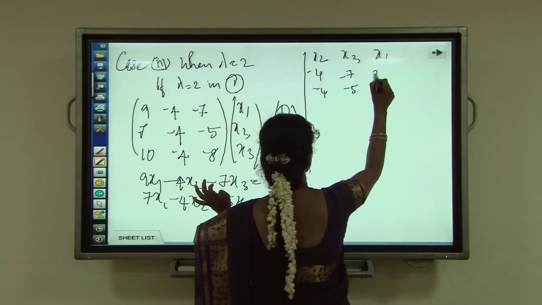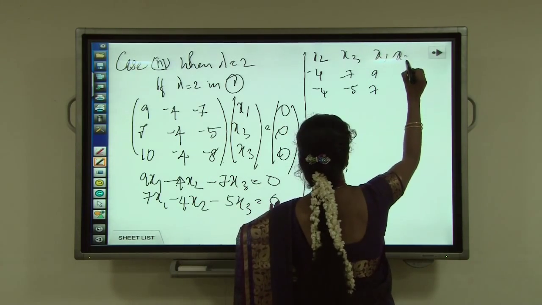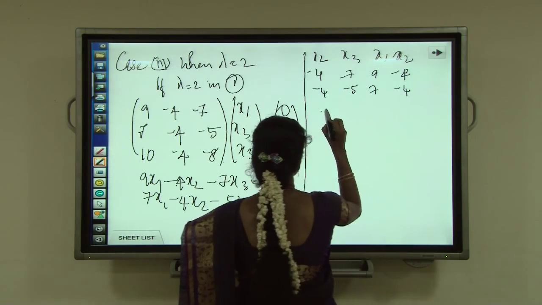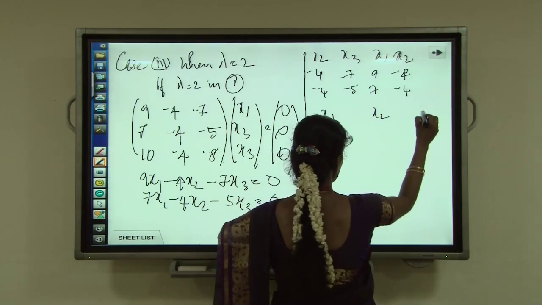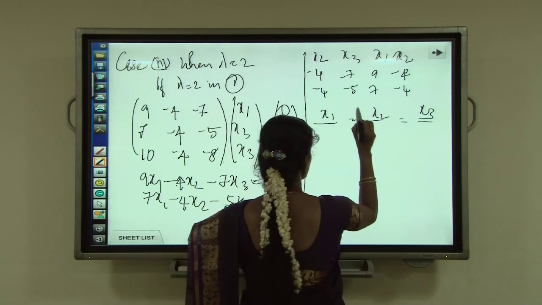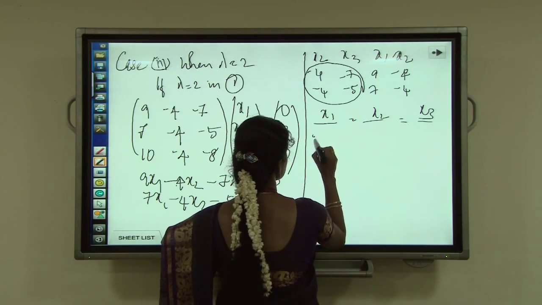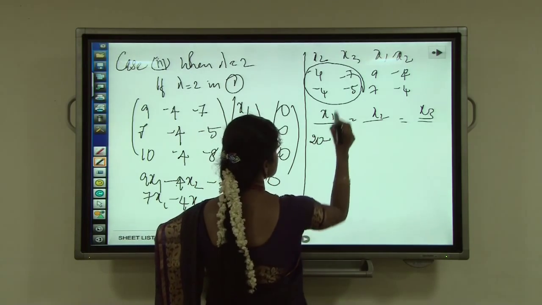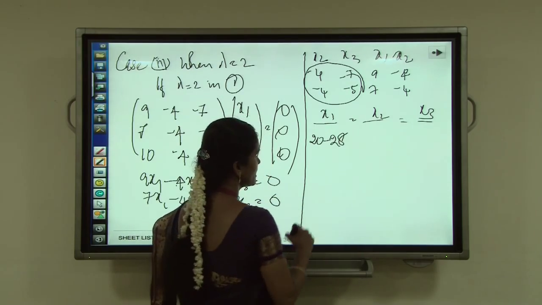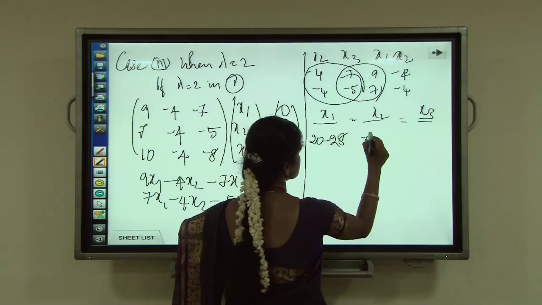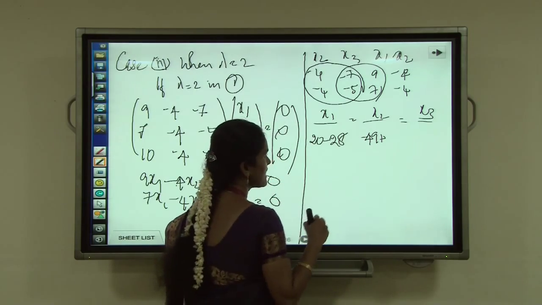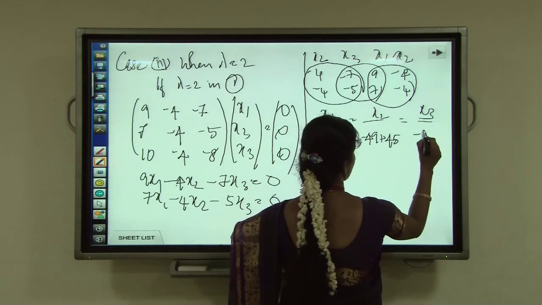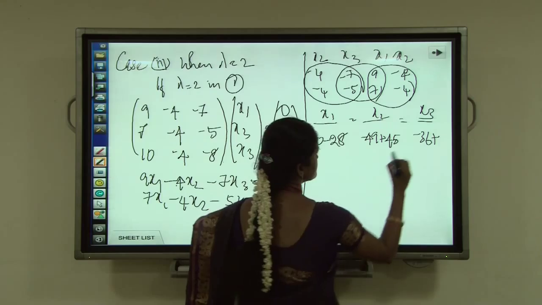Collecting the coefficient of x1, it is 9, 7, and again we finally land up with x2, that is minus 4, again minus 4. So getting the determinant of this, it is 20 minus 28, and here it is minus 49 plus 45, and for x3 it is minus 36 plus 28.